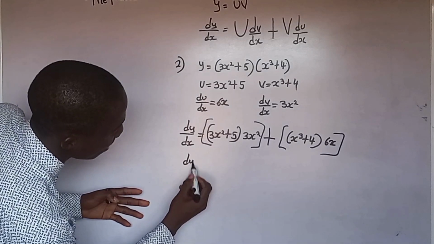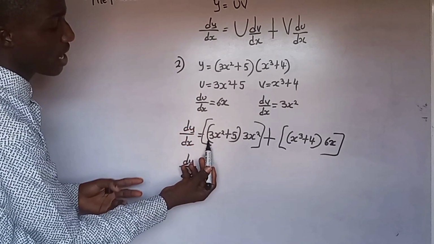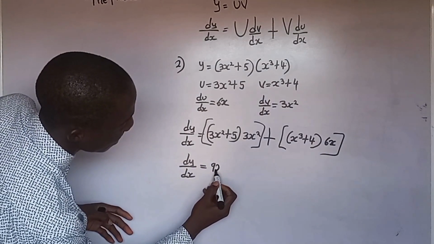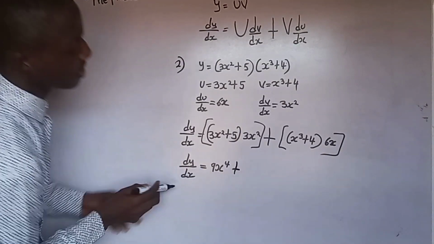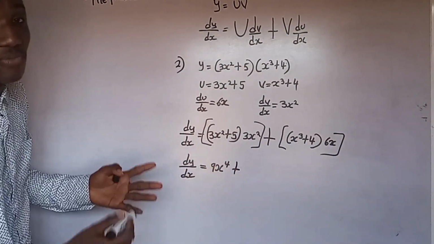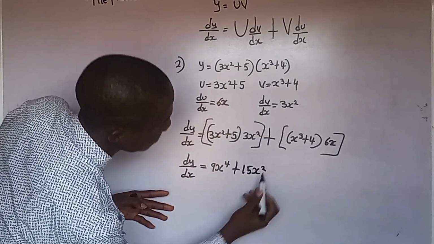So I'm going to have dy over dx is equal to 3x squared multiplied by 3x squared. That is 9x raised to the power of 4, plus 3x squared multiplied by 5. That is 15x squared, plus 15x squared.